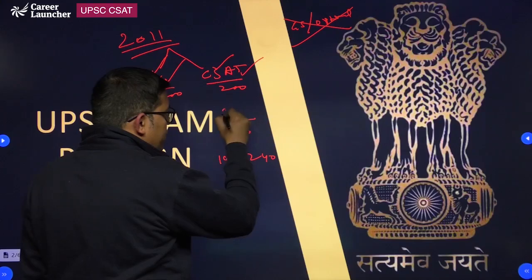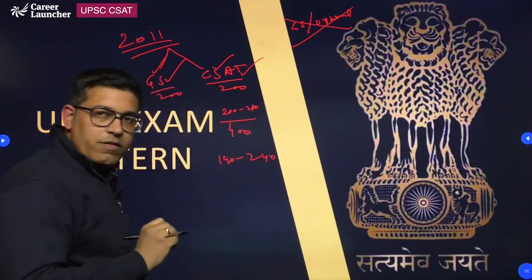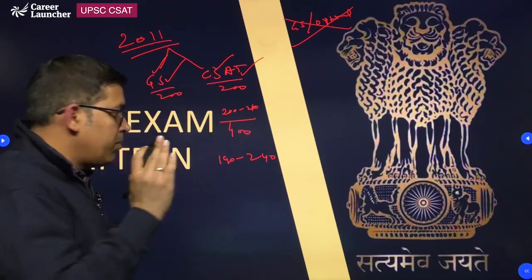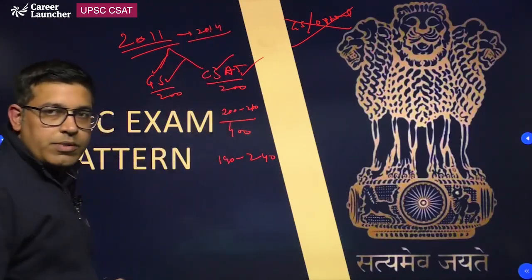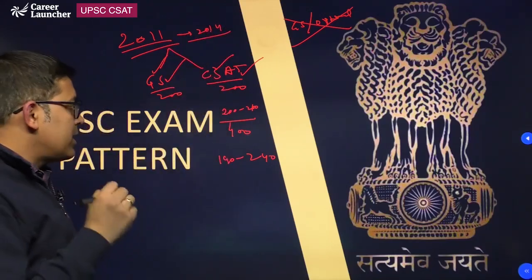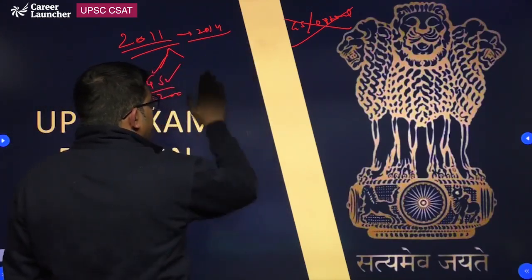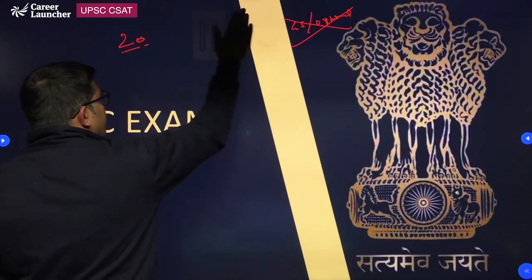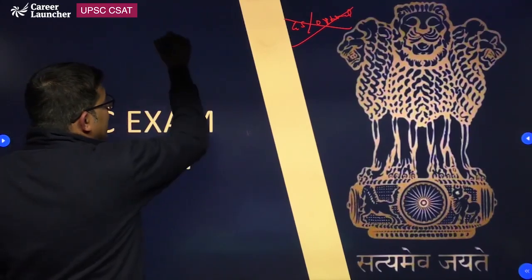Usually the cutoff used to be around 200, 210, or 190 or 185, and that's how the prelims examination happened between 2011 and 2014.